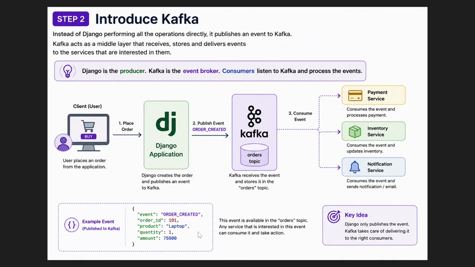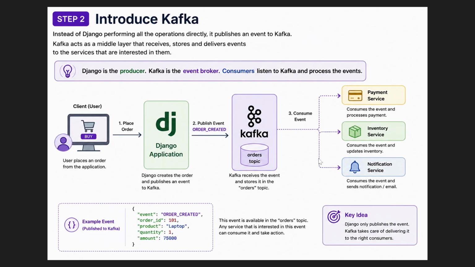This event is available in the orders topic because Django publishes that event to a specific Kafka topic, that is, the orders topic. Any event we publish goes into a specific topic, and any consumer service that is interested in the event will consume it and take its action, like the payment service, which will process the payment.